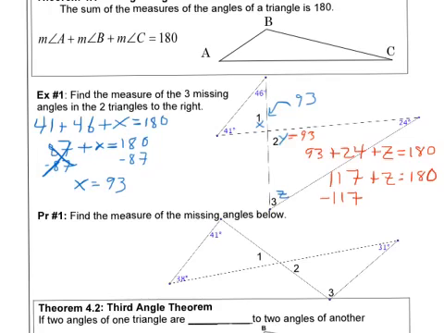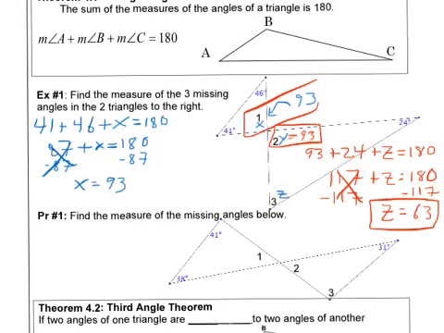Subtract 117 from both sides, and we get that z has to equal 63. And there we go. We got all the missing angles of the triangles, based on this one theorem, that they all have to add up to 180.